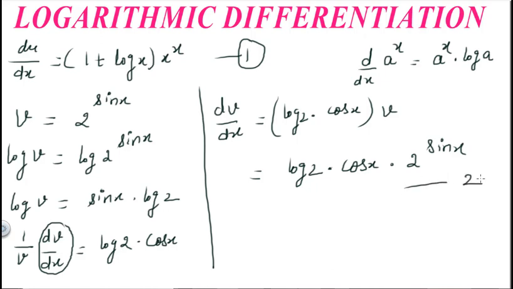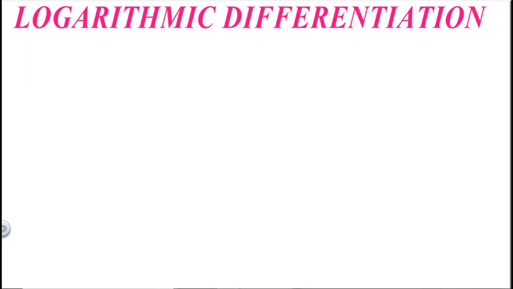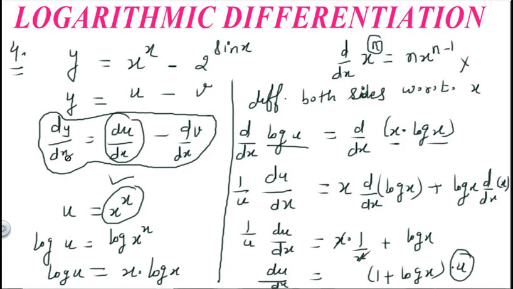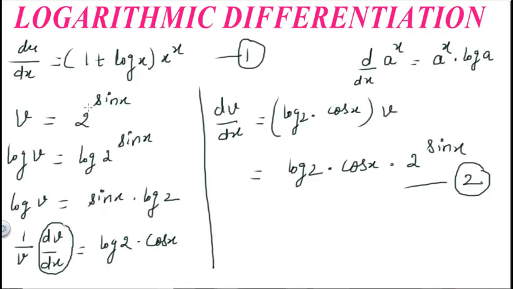Now let us consider this as equation number 2. To find dy by dx, we have to place the value of du by dx and dv by dx. So we now have from equation 1 and 2 du by dx as well as dv by dx. Just put these values in that and you will be finding the answer for dy by dx. So this is how we solve whenever a function to the power function or a variable to the power variable is given to us. Clear?